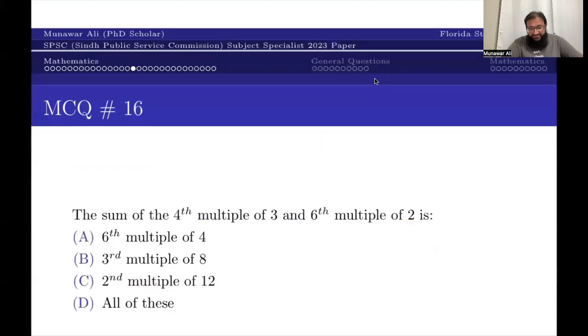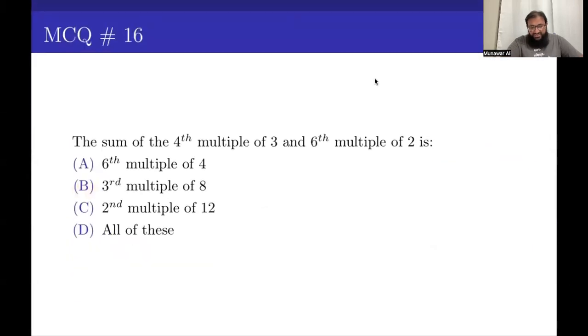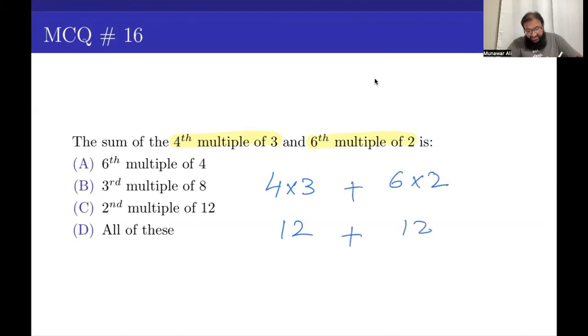A very simple question. So the next one is the sum of the fourth multiple of 3 and the sixth multiple of 2. So the fourth multiple of 3 is 4 times 3, which is 12. And the sixth multiple of 2 is 12. And what is going to be the sum?